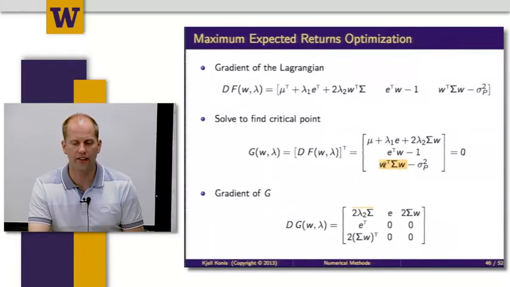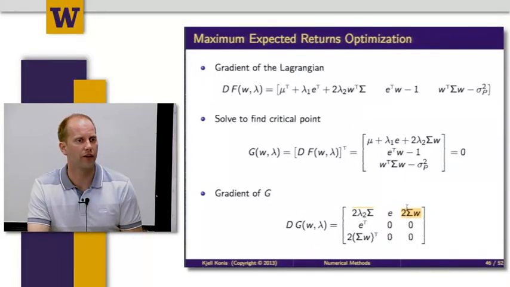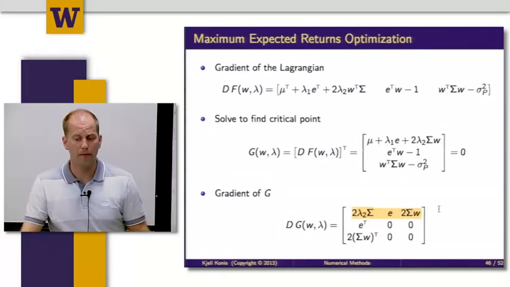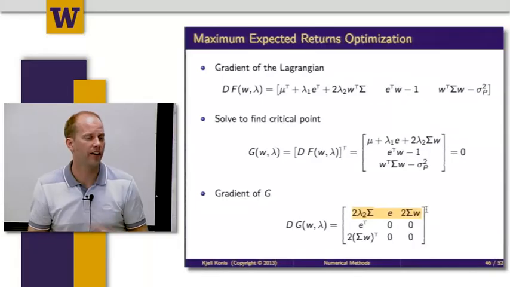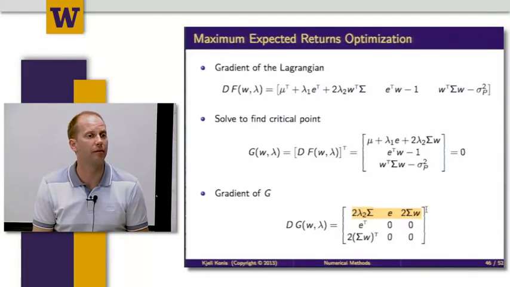So the derivative of this is 2 times sigma times w. So this is also going to be a quantity with n rows. So this top row that I have written here, if I were actually to write out every single element by itself, this would have n rows and n plus 2 columns.